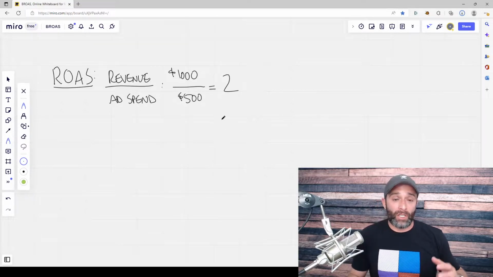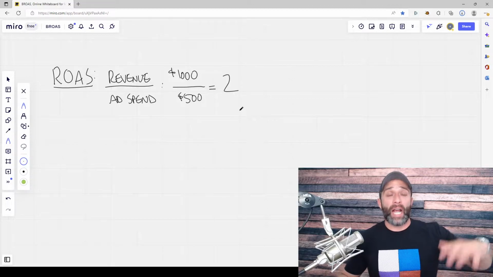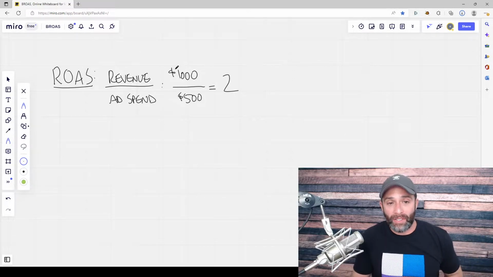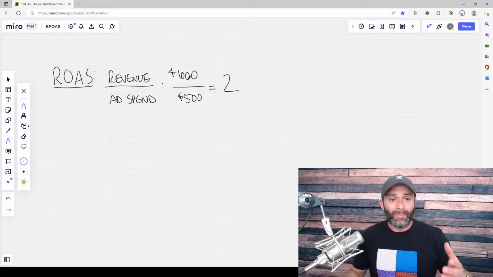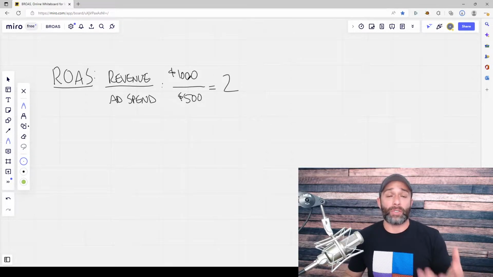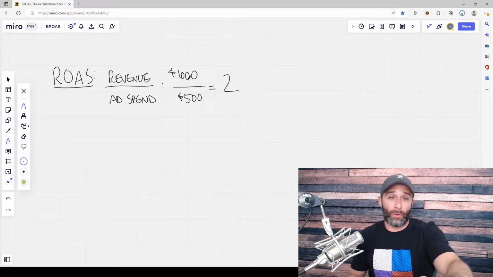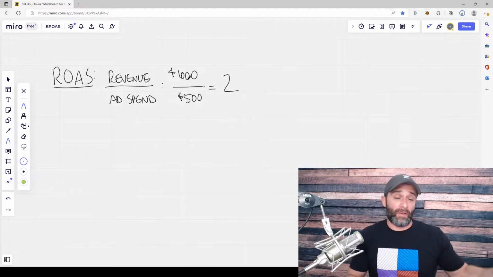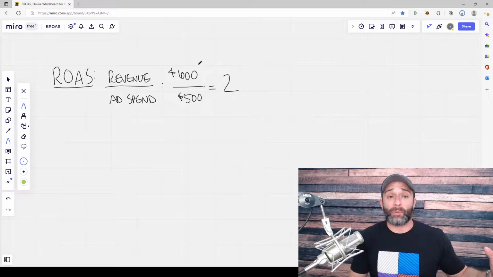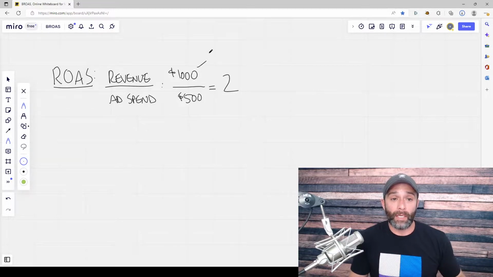In very general terms, if you have a very high profit margin, so on this $1,000 in sales, let's say 85% of that $1,000 was profit, after you factored in the cost of goods and the cost to fulfill that $1,000 worth of product. That means you had $850 in profit.